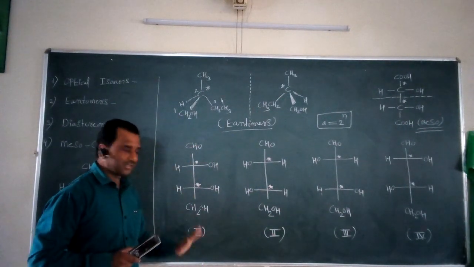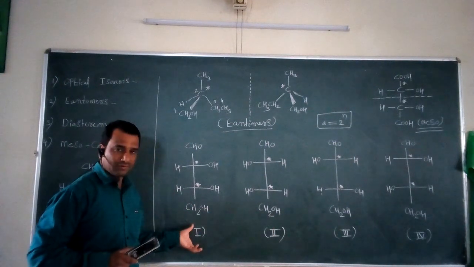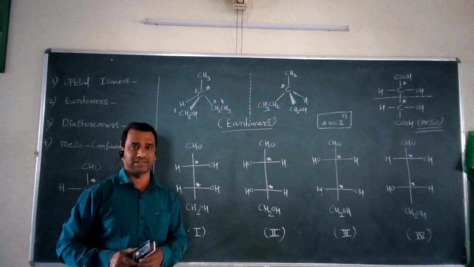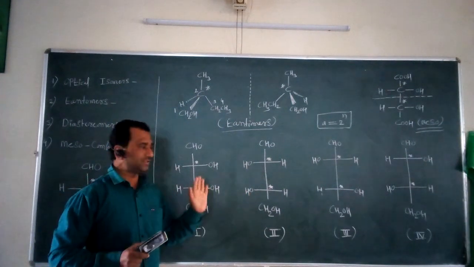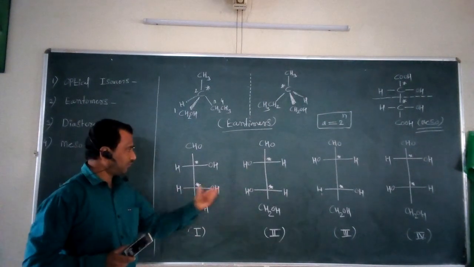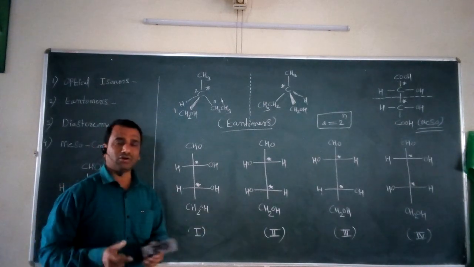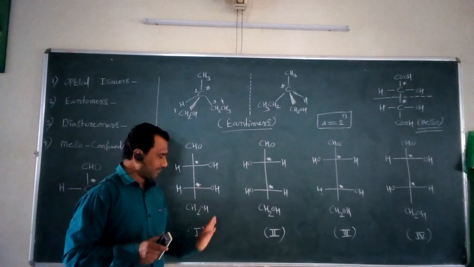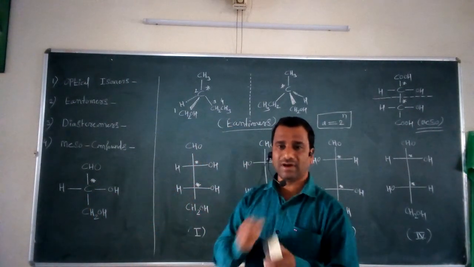If we look at compound number first and compound number second, or first stereoisomer and second stereoisomer, what happens? These two stereoisomers are called non-superimposable mirror images. And why is this so?